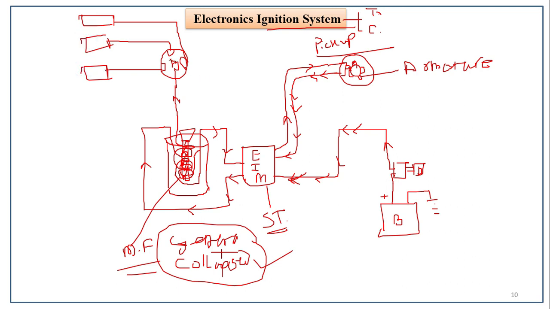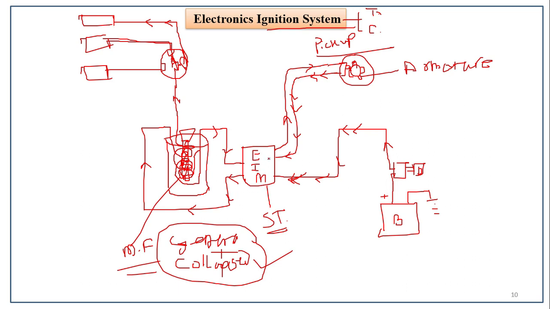So when this metal electrode comes in contact with this metal electrode, then the spark will be transferred to this cylinder or spark plug. When this rotates, it will come in contact, high voltage will be transferred and sparking will take place.